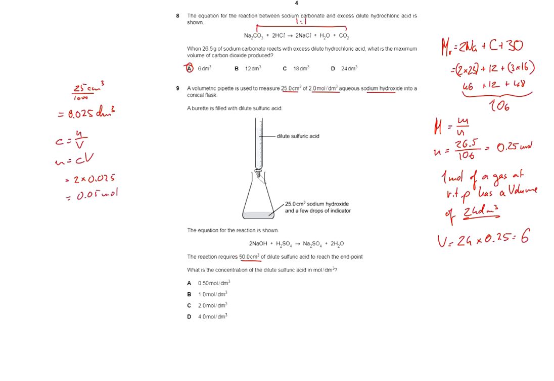The mole ratio, however, is up here, a 2-to-1 ratio. So this is for NaOH, and to find the number of moles of H2SO4, we need to divide this by 2.